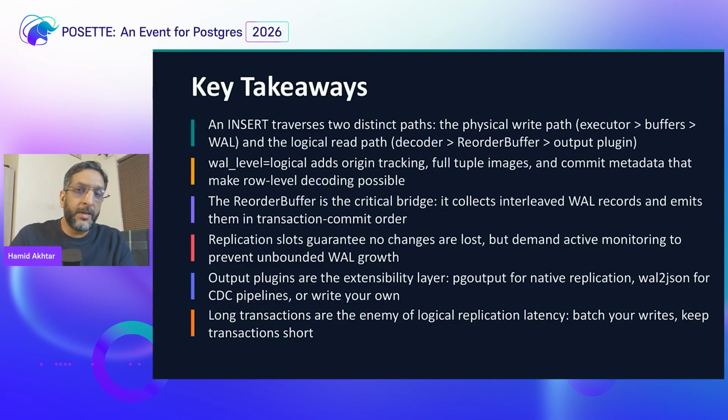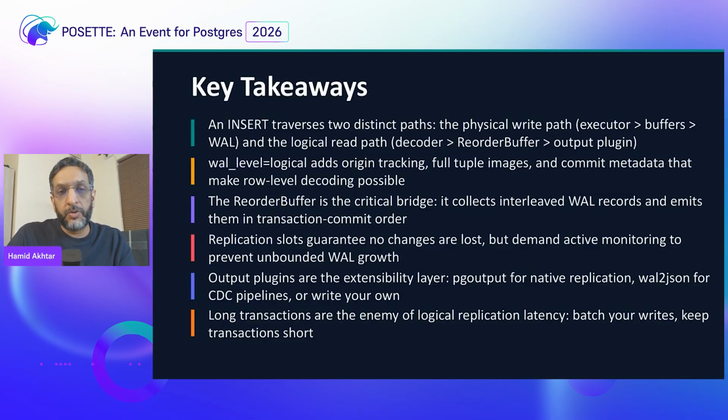So we have the physical path, which is really the executor and the buffer and the WAL. The logical path, which is decoding, reorder buffer, and output plugin. The WAL level, which adds additional information. Reorder buffer, which organizes all the WAL records and emits them in order so that they can be committed in LSN sequence order.